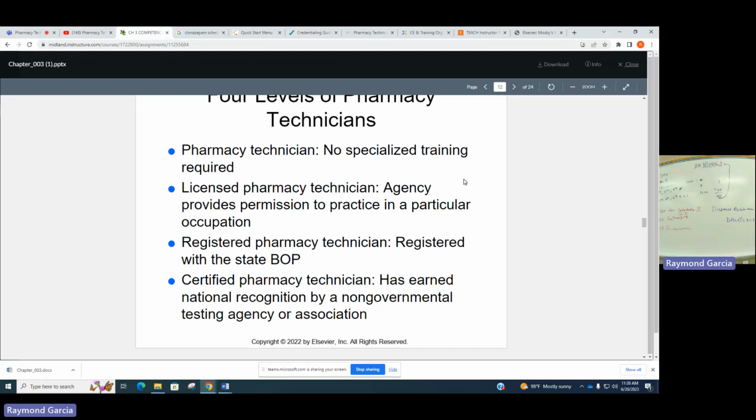So you can have your credentials either certified pharmacy tech after your name, or registered pharmacy tech, or you can have both of them.